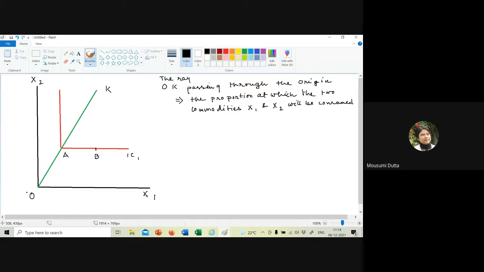If I compare the two points A and B, B has more X1 and an equal amount of X2 with respect to the point A. So if it is a standard case, definitely B is preferred to A, isn't it?